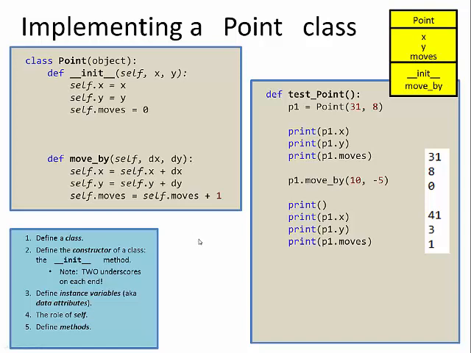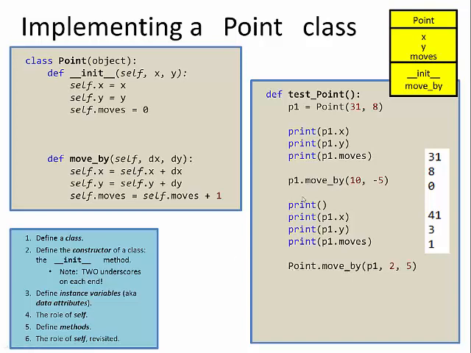Let's see, the role of self. Self stands for the object that you're dealing with. So in this case, when you construct a point and call it p1, when you say p1 dot, p1 is self. Self is p1. To emphasize that, let me show you another way you could write things.